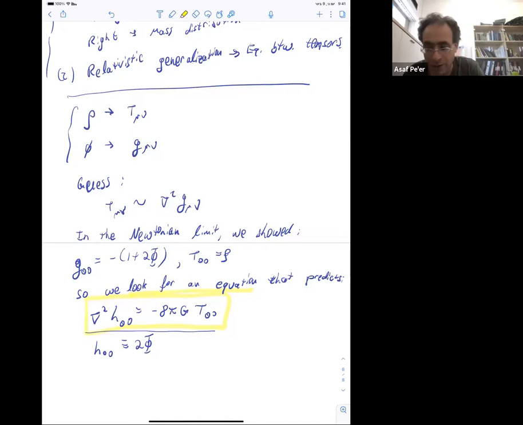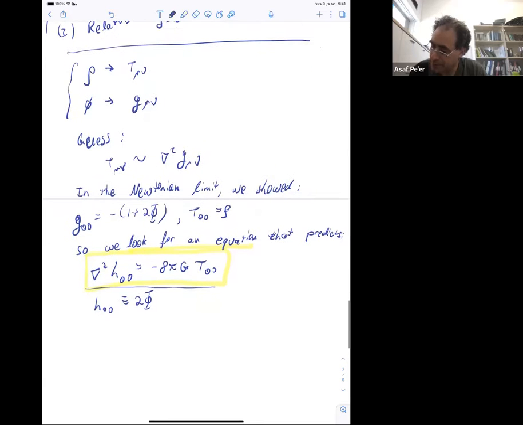Now we cannot in fact generalize that to a tensor right away. If we try to do that, first we need to change the nabla squared into a 4-dimensional operator. So what would that be?